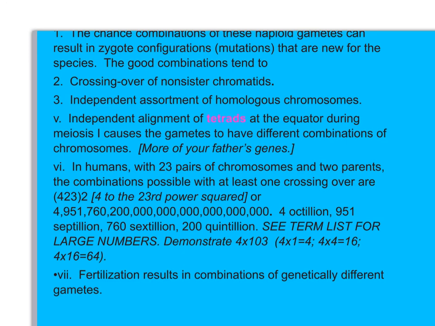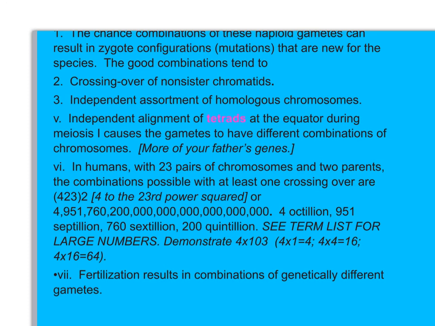Crossing over is another one. When crossing over happens, and then chromosomes are independently assorted, that means they're lined up independently. This independent alignment causes the sex cells to have a different combination. Like I said, you might have more of your grandfathers or more of your grandmothers.